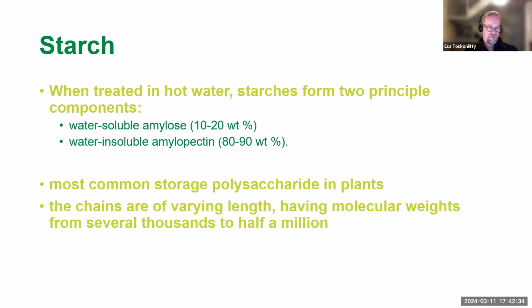Starch, mentioned already several times, is the edible sugar polymer, and if you treat it with water, there is a small part called amylose, which is water soluble, so that dissolves in water, and the majority, called amylopectin, is insoluble, so although you boil it or cook it in water, it will not dissolve.